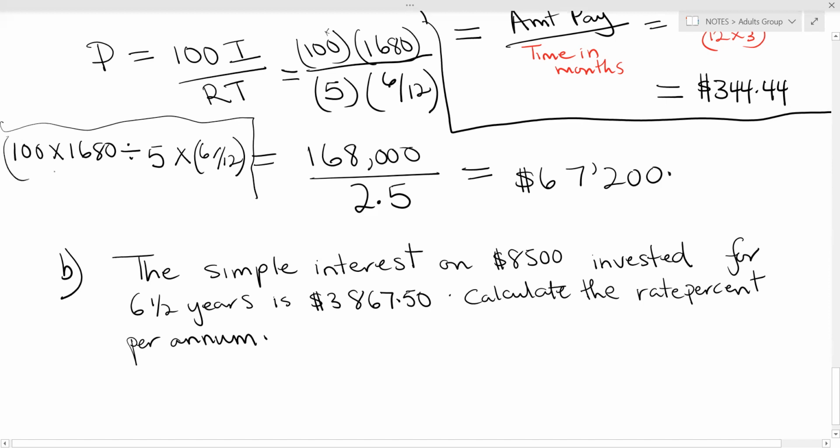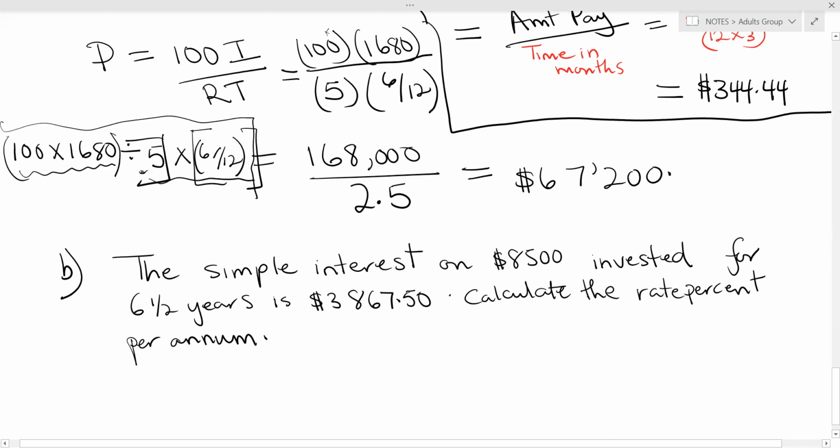Your calculator is smart, but it still needs your guidance. If you didn't put brackets, you did not tell the calculator that this is one thing at the top and this is one thing at the bottom. Your calculator did 168,000, and then it divided it by 5, and then it multiplied the answer by 0.5. You understand what happened there, right?